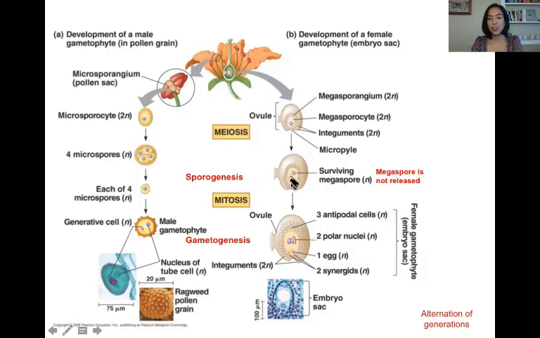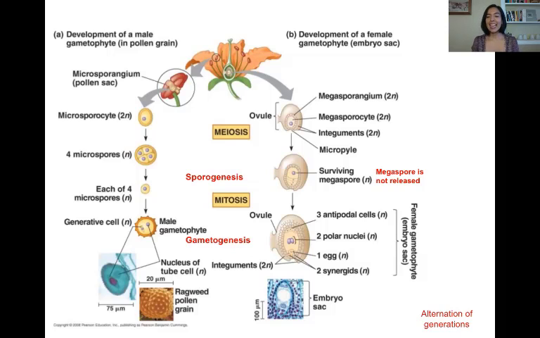The megaspore is not released. So do you remember how in ferns, the spores get released to the air, and then they go and land in another area and produce a new individual? Well, or a gametophyte.